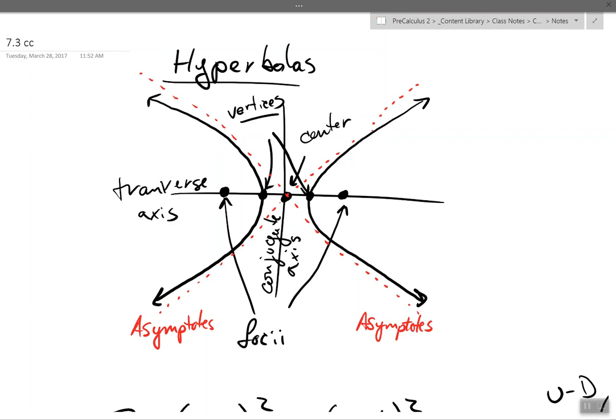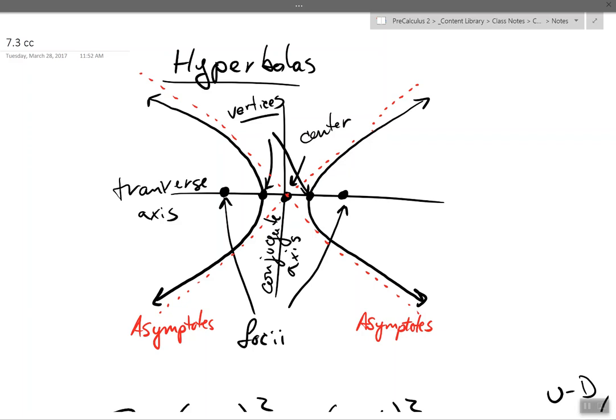We'll take a look at what those formulas are in a second, but first we're going to talk about all of the different parts that are on hyperbolas. Most of these, well, a few of these have shown up in other places, and we have a few different words that we've maybe seen in other parts of the pre-calc or Algebra 2 coursework, and then maybe some new words as well.